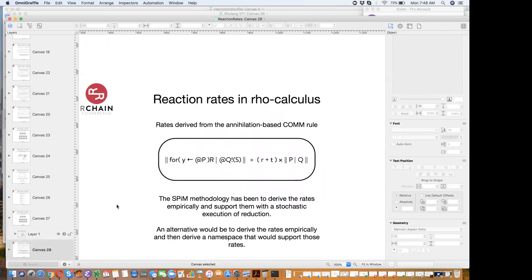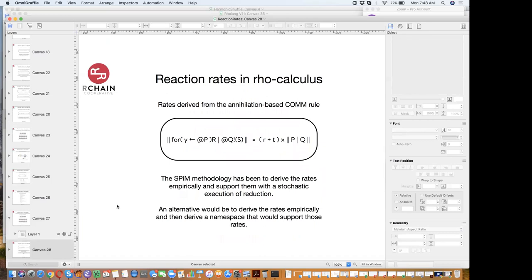Now, what I'm suggesting is that with the rho calculus, you don't have to take on the burden of a stochastic execution model. You can use the recursivity of the annihilation. So you still go ahead and derive your rates empirically, but then you use those empirical constraints to design a namespace that gives you those rates.